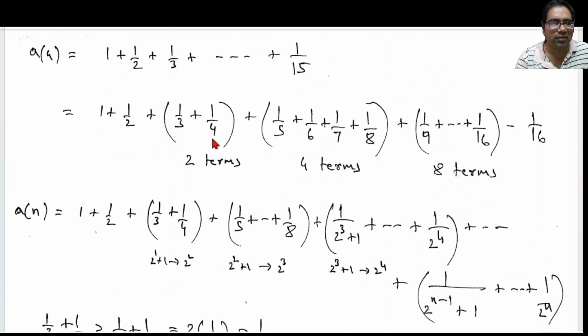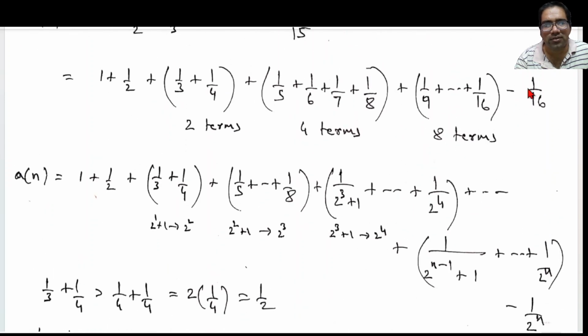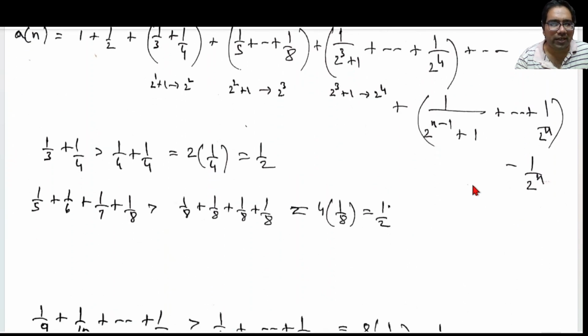This is 1, 2, 3, 4 and 1, 1 plus n buckets, and each bucket will be greater than half. So n buckets, each bucket greater than half. So 1 plus n by 2 minus 1 by 2 power n.